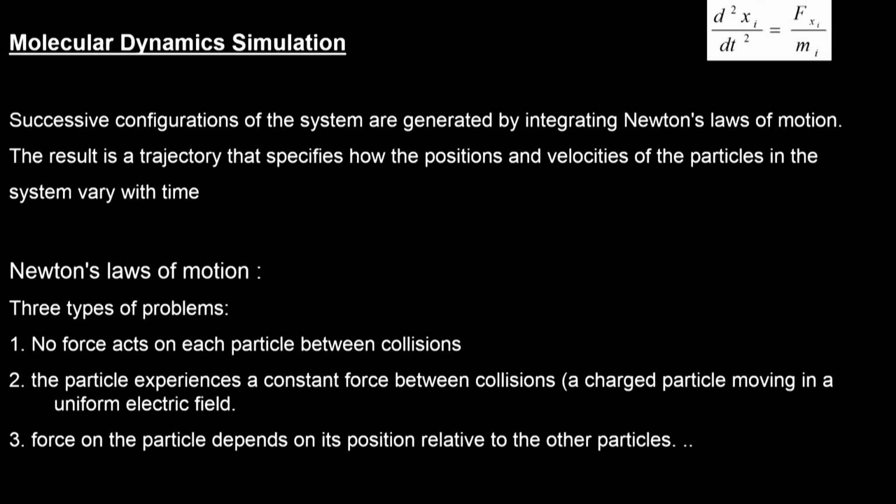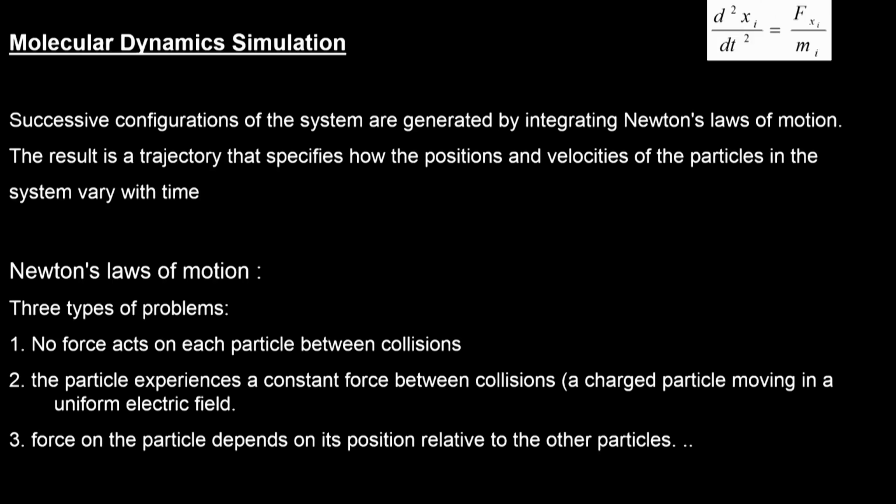If you integrate this equation, you can get new coordinates starting from one set of coordinates at a certain time point, given a force and given a mass. So, you get successive conformations of the system as a function of time by solving this equation.